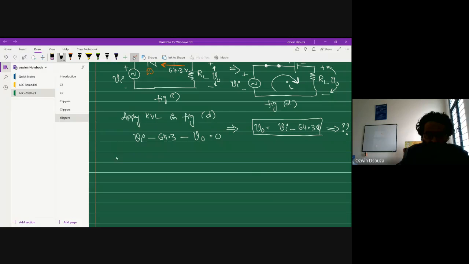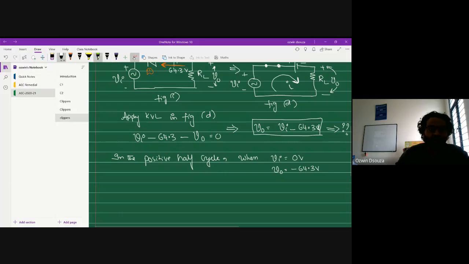In the positive half cycle, when your input is 0 volts, what will be your output? Your output stays at minus 64.3 volts.